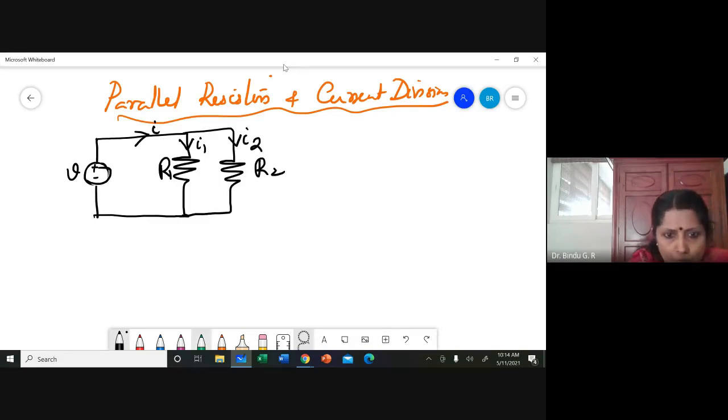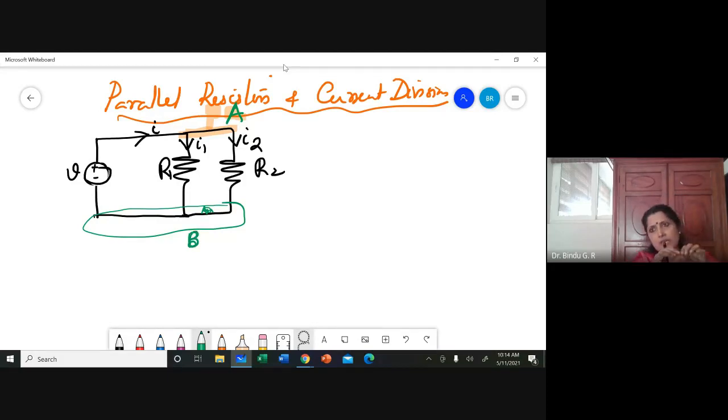Now you have to note one thing. This is a common node, and there is no element in between. So let me name that node A. All this portion is similar to one point. Similarly, with no element there, this is equivalent to a node, say B. Always remember, whenever there are no elements in between, it is as good as a single node.